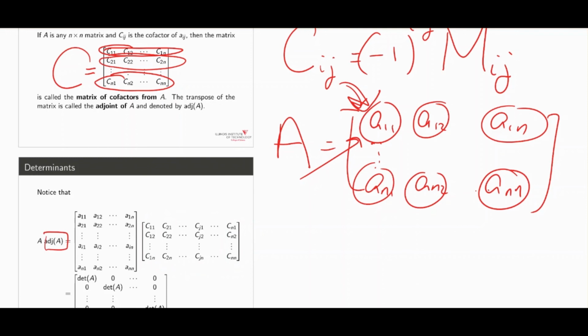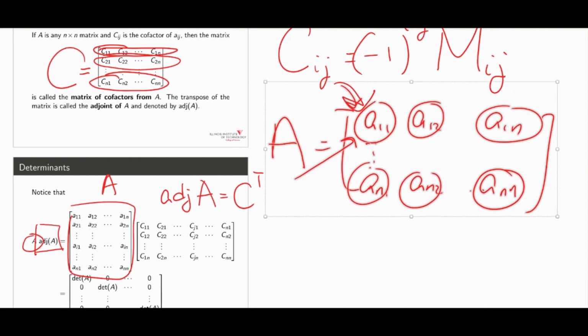Now, the key thing about the adjoint method is this particular observation. If you take a matrix A and multiply it by its adjoint, which is C transpose, what do we have?